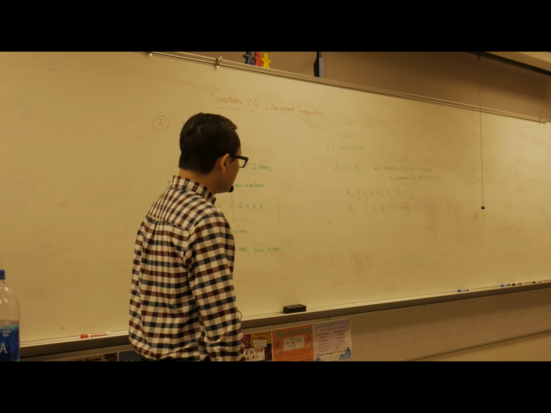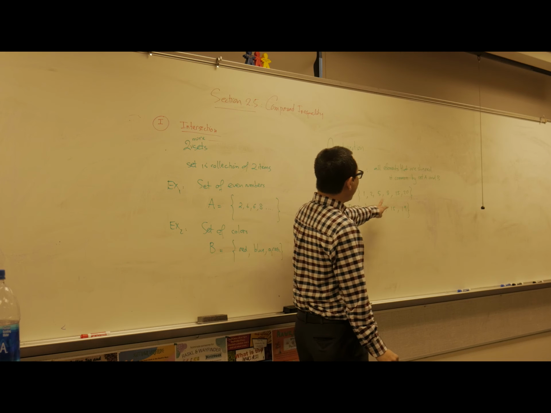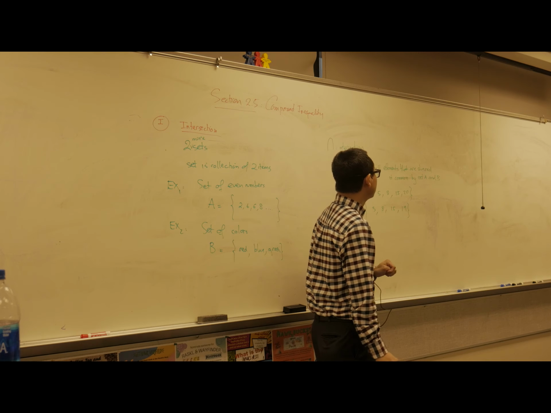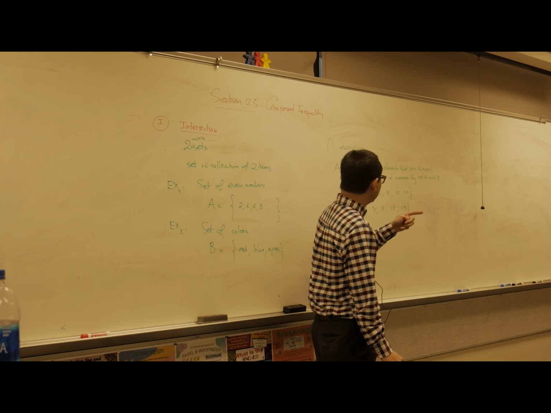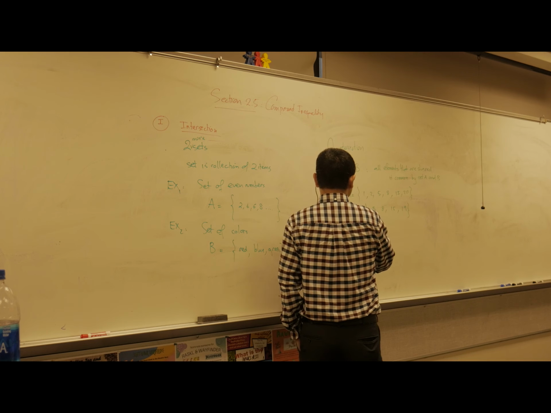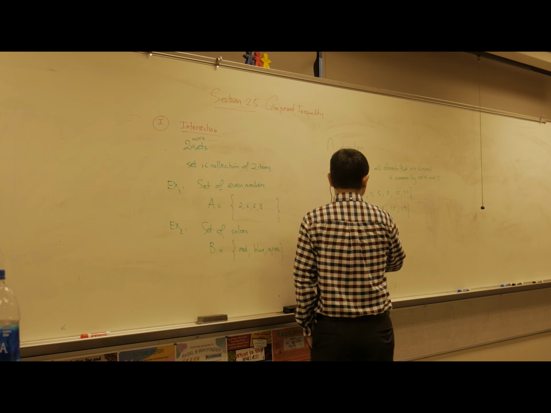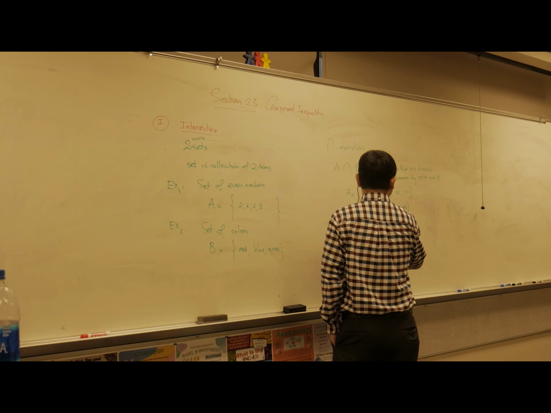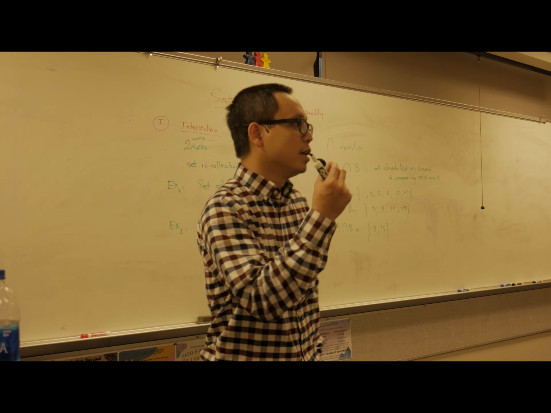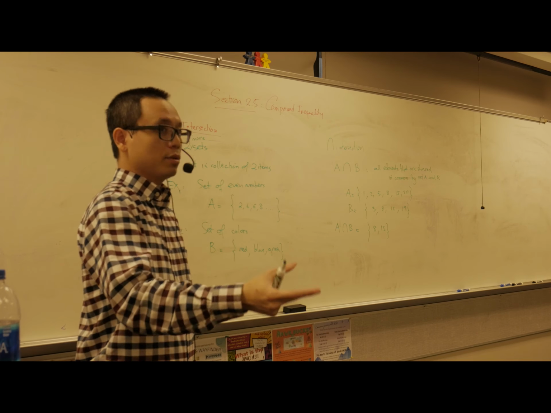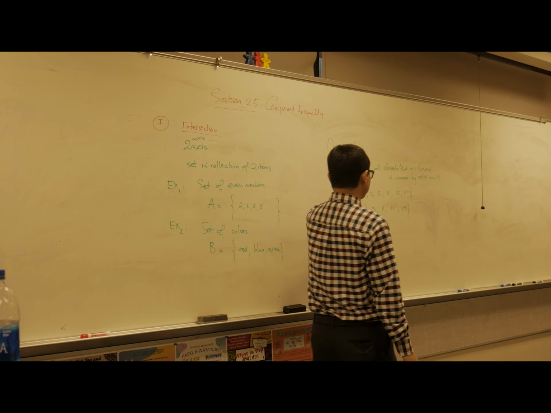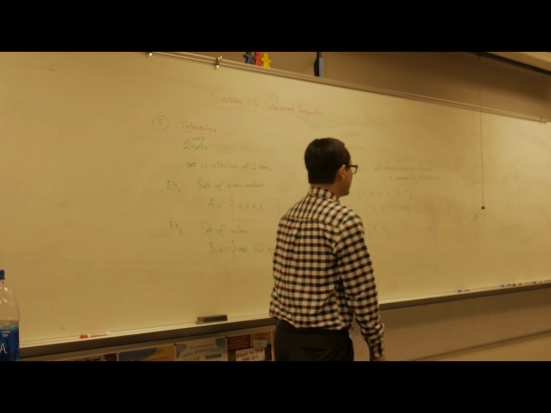Now can anyone tell me what elements between set A and B are shared in common? 8 and 15. There's only 2 of them, right? So I can write A intersect B equals 8 and 15. So the intersection between 2 sets is actually a set. Because you use the curly brackets and you have elements in there, this is a set.